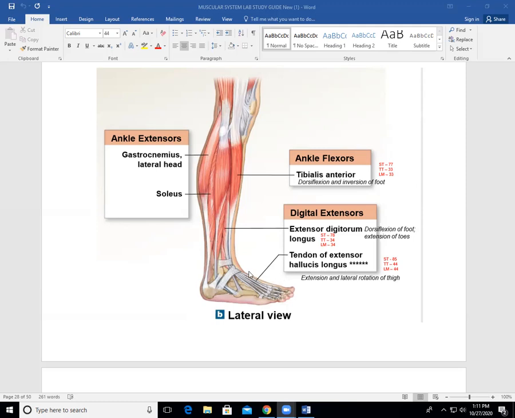And down here you can see the tendon of the extensor hallucis longus. It's kind of difficult to see the whole muscle here, but hallucis is a derivative of hallux, which is great toe or big toe, and it is involved in extension and lateral rotation of the thigh.